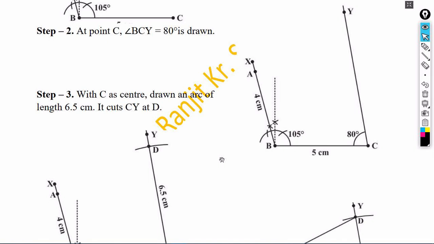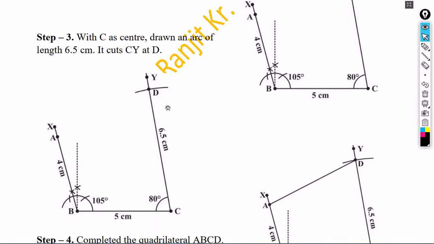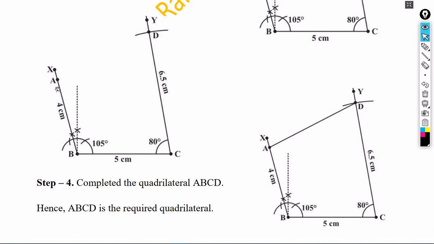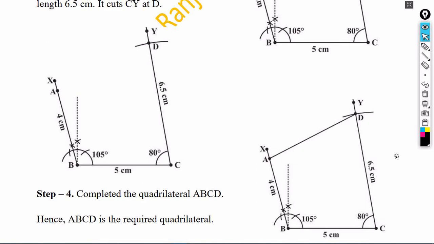Then another arc of length CD equal to 6.5 centimeter taken from CY, and the points A and D are joined to construct quadrilateral, that is the required quadrilateral ABCD.